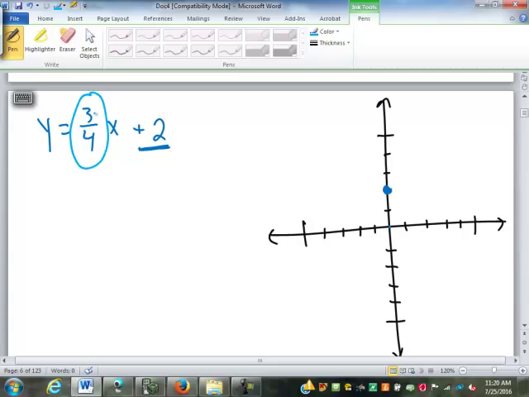Remember, the top number is what? Rise. So from this point, we're going to rise how much? 3. 1, 2, 3. So we rose to there. What's our run? The 4. So we're going to run 1, 2, 3, 4. Right there. And our line goes through those 2 points. Now at that point, if we're not comfortable drawing in our line yet, we could do our slope again, up 3 over 4, and get a second point if we wanted to.